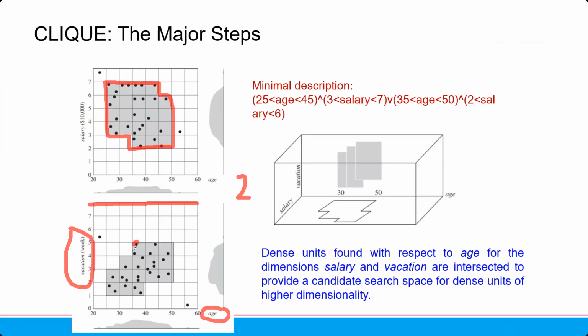So for every data that has 2, I will consider it as dense. We choose this dimension, we choose this one, we choose this one. Then it is connected, we choose this cell, it is connected, we choose this cell, it is connected, we choose this cell. Then at the end we have this cell.